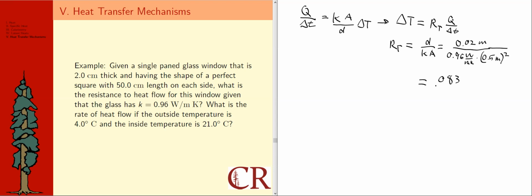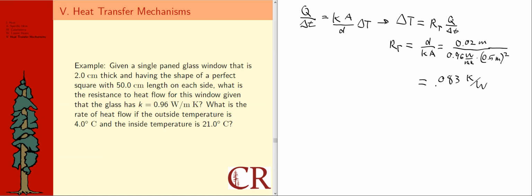And let's look at the units there. We've got a meters up here, but we also have a meters down there. If you imagine multiplying by the reciprocal, this meter would combine with that one, and all the meters would combine, and then you'd still have this watt per Kelvin down here, but that would turn out to be a Kelvin per watt.